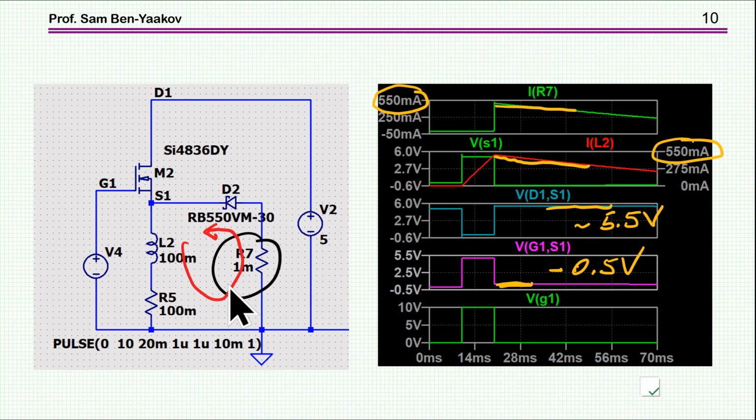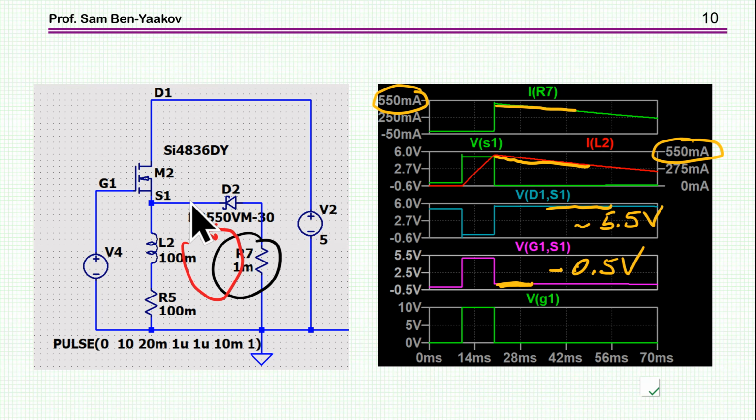Now what will happen if I remove the resistor and put a short here, it's 1 milliohm, like a short, so I have only the diode. In this case, the voltage cannot reach minus 2 volt, okay? It'll be only the voltage on the diode, like 0.5 or something like that.